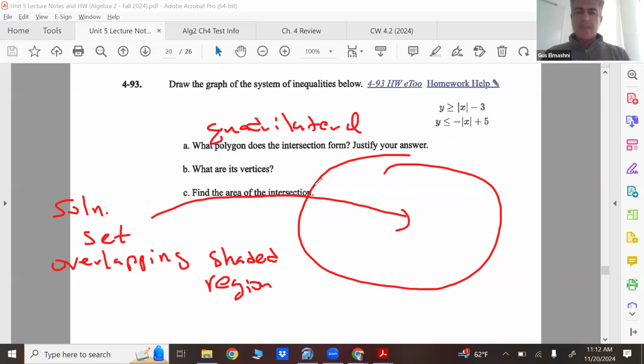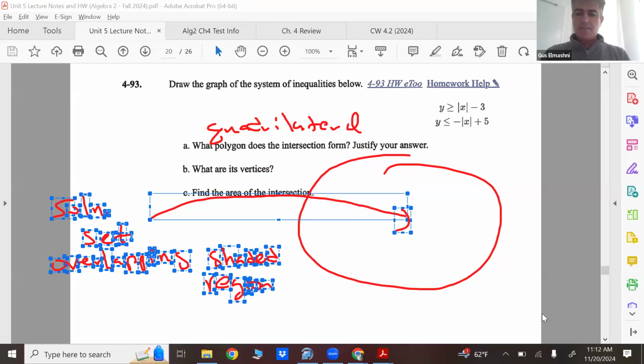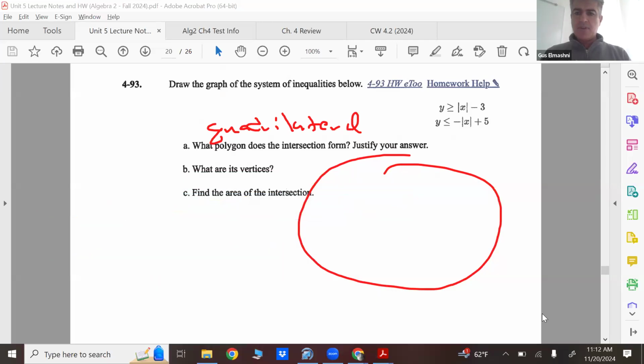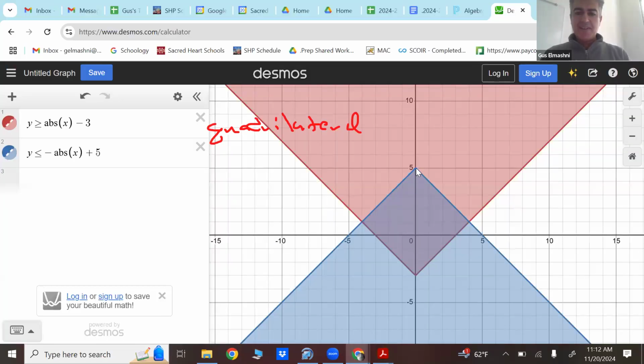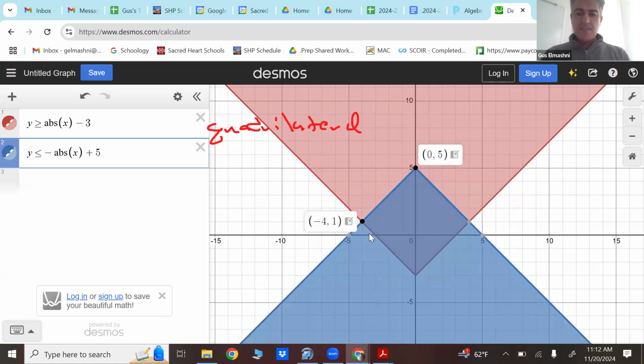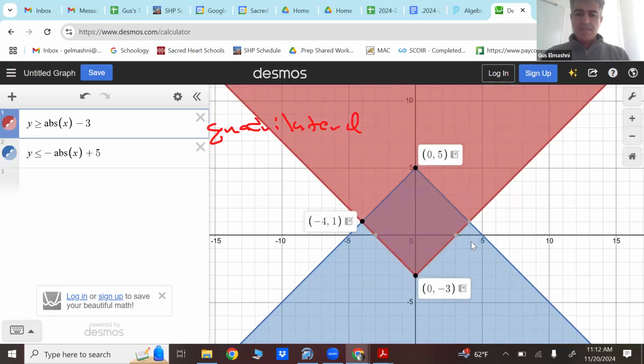The vertices are pretty easy. Just locate them, right? Not that hard. Actually, I think that is a square.